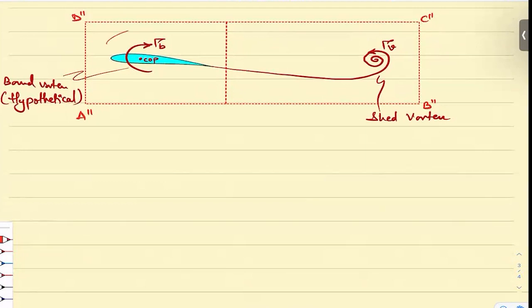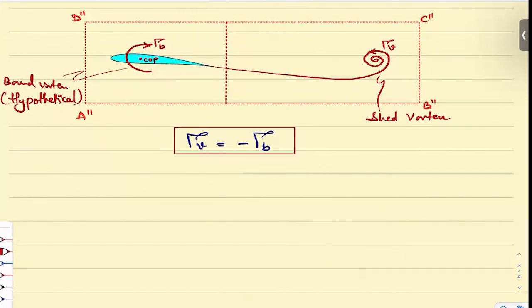Along this curve, you are calculating gamma B. Along this curve, you are calculating gamma V. If you calculate both, gamma V should be equal to minus gamma B. Call it equation number 3.